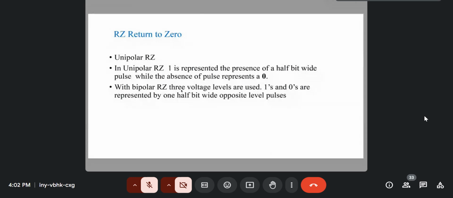This one has only 2 voltages. The bipolar has 3, and ones and zeros are represented by half-bit wide opposite level pulses. We are going to see there are 2 versions of bipolar RZ.